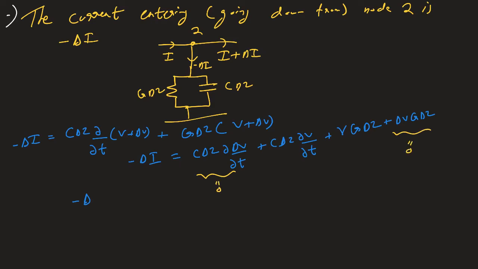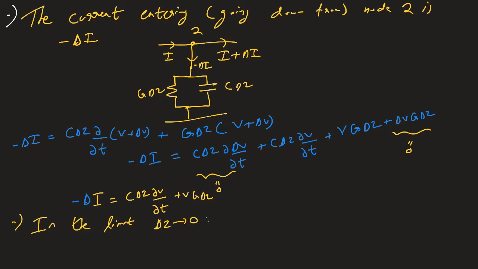So we take these to be 0, and to a first order approximation, delta I becomes equal to C delta Z partial V by partial T plus V G delta Z. So once again, in the limit that delta Z goes to 0, which basically means you're taking a tiny part of your transmission line, you get that partial I by partial Z is equal to minus (your transconductance G times the voltage V plus your capacitance C times partial V by partial T). And let's make a box around this.